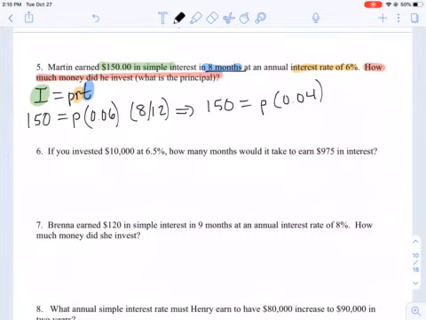To get P by itself, we're going to divide both sides by 0.04. And we get $3,750. So this would have been their principal. That was their initial amount.